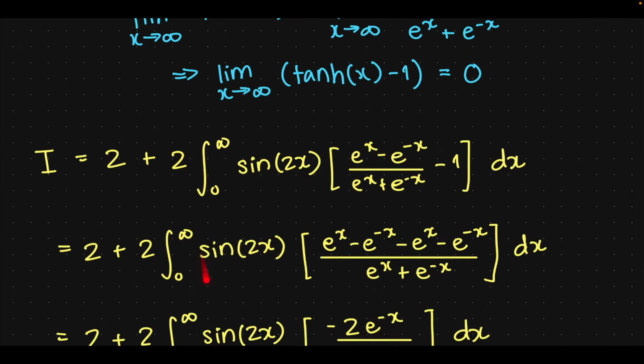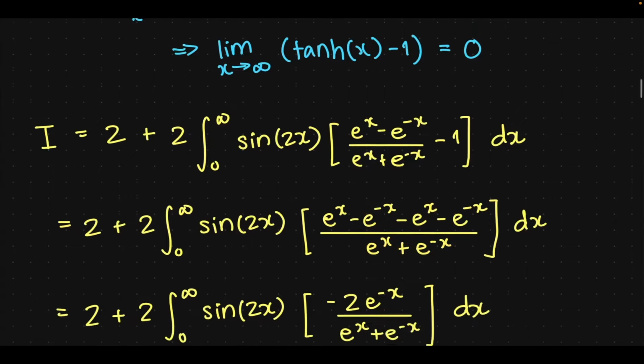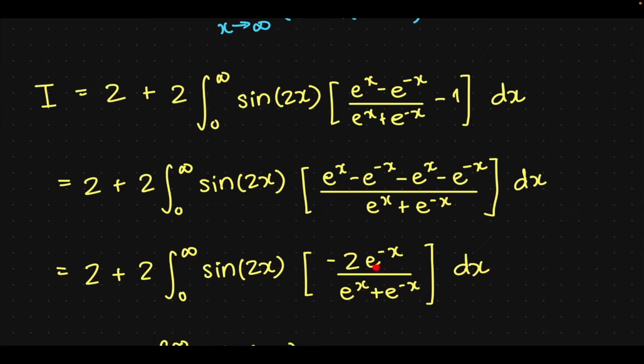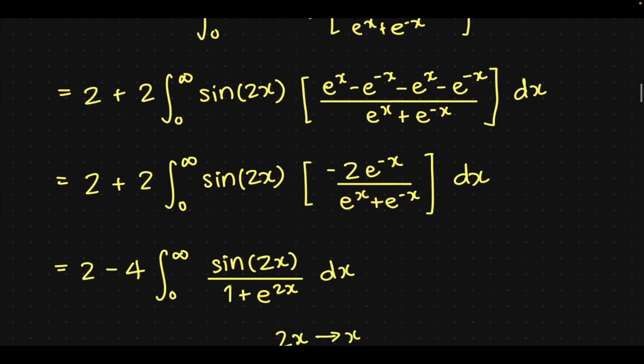So 2 plus 2 times the integral 0 to infinity of sine of 2x times e to the x minus e to the minus x minus e to the x minus e to the minus x, just taking a common denominator, divided by e to the x plus e to the minus x. This simplifies inside to give us minus 2 times e to the minus x divided by e to the x plus e to the minus x, which in the end, the entire thing can be written as 2 minus 4 times the integral 0 to infinity of sine of 2x divided by 1 plus e to the 2x dx.